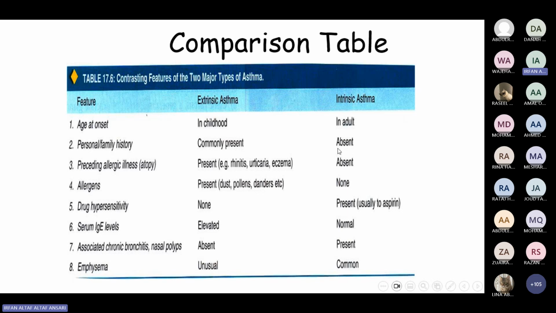Emphysema, which is a type of chronic obstructive pulmonary disease, will also usually be seen with intrinsic asthma, because again the same exposure to cigarette smoking and environmental toxins leads to emphysema. But these two features will usually not be seen in atopic, IgE-associated extrinsic asthma. Okay, so are the differences between atopic and non-atopic asthma clear to you all?